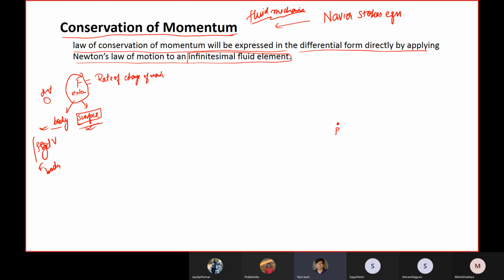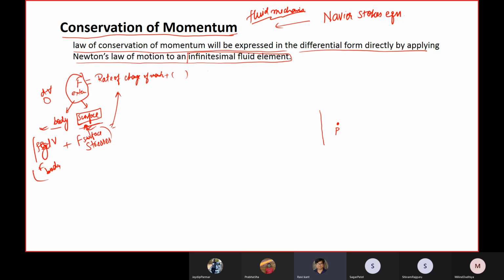These surface forces arise because of the stresses that act on a point. Let's suppose this point is subjected to all sorts of stresses. First we would want to emphasize the surface forces, and then I will add these surface forces to body forces and club them together, and we'll see that these two will give me the rate of change of momentum plus some additional term.